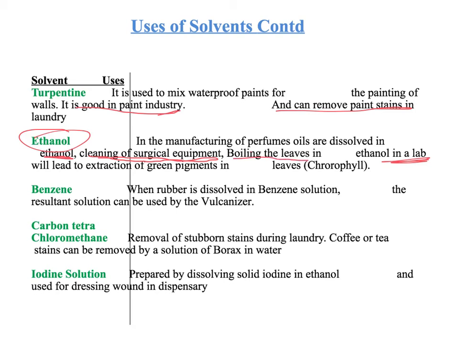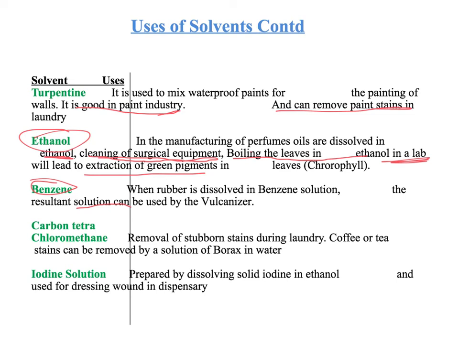You boil the leaves in ethanol, and then you'll be able to extract the green pigments, otherwise known as chlorophyll. Benzene: when rubber is dissolved in benzene, the resultant solution can be used by the vulcanizer to repair a punctured tire.